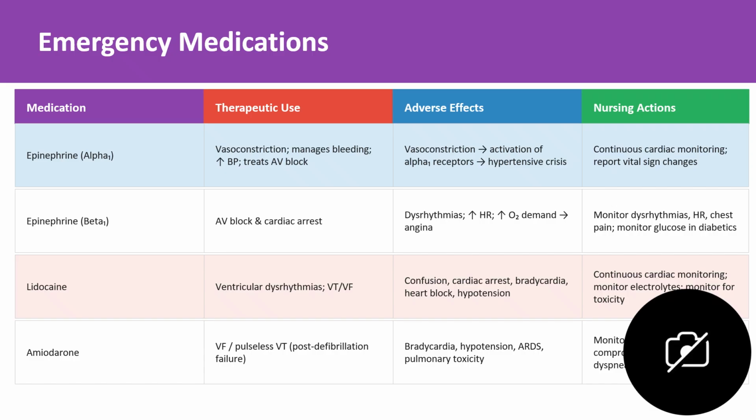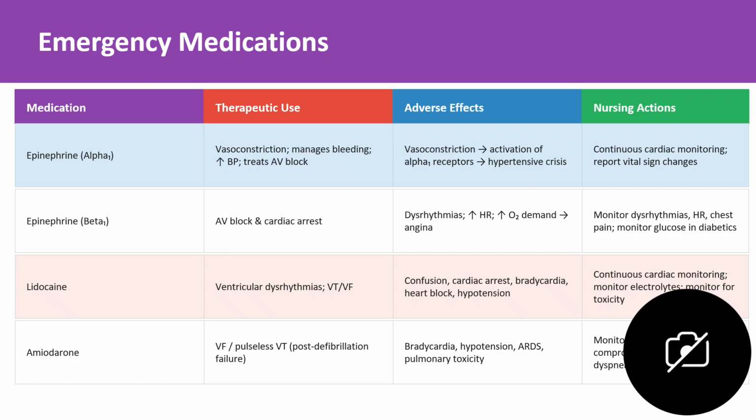So, what medications are commonly used in emergency conditions that we discussed in the previous slides? So the three core emergency medications are essential in this chapter. Epinephrine acts on both alpha-1 and beta-1 receptors.